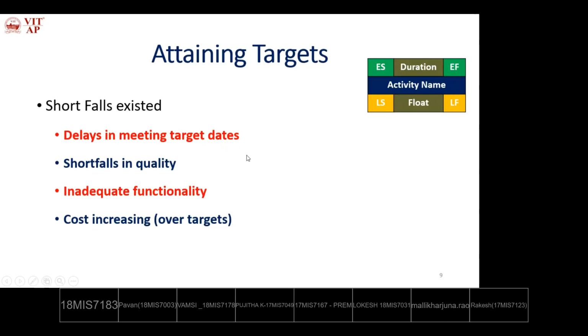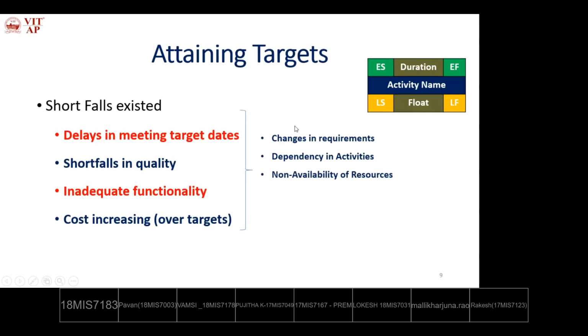So why are delays happening? Generally the project is delayed in delivery to the client because of changes suggested by the client. So we have to accommodate the changes. Why? The greatest advantage of software is flexibility.